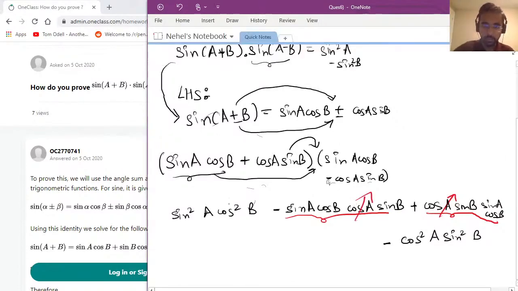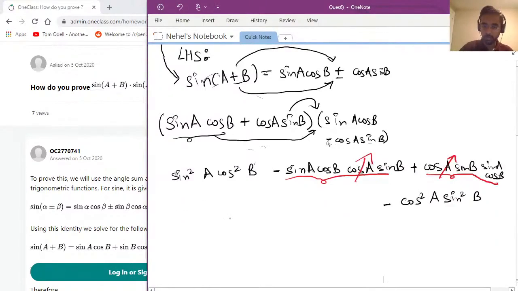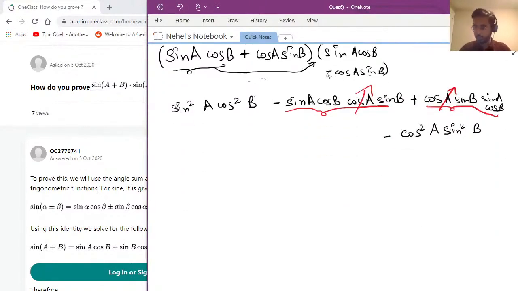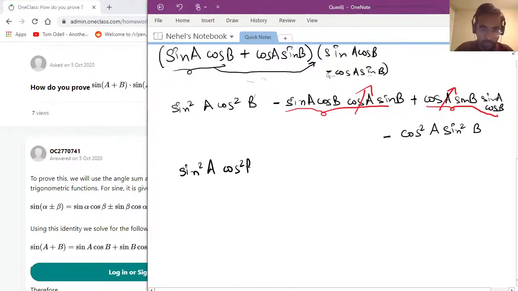If we get rid of those two, what we're left with is essentially sine square a cos square b minus cos square a sine square b.